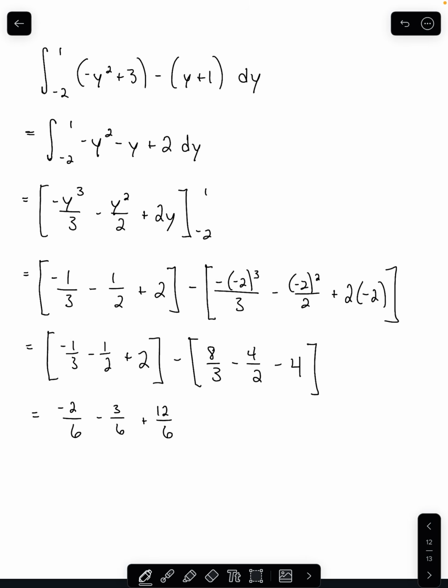In distributing the negative sign here, as well as finding a common denominator, we have negative 16 over 6 plus 12 over 6 plus 24 over 6. And we actually have the same integrand as before with the same result at the end, that this will come out to be positive 27 over 6, which then simplifies to 9 over 2.